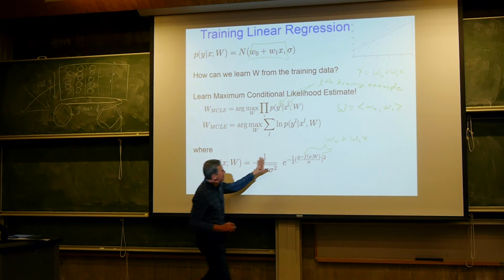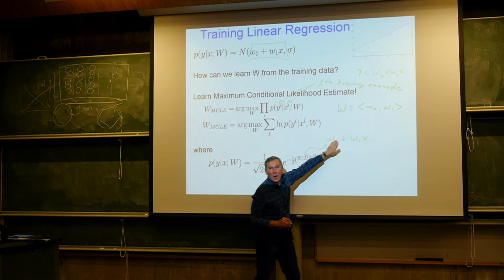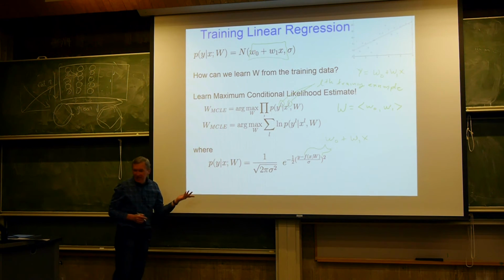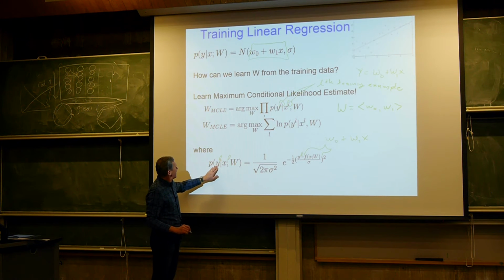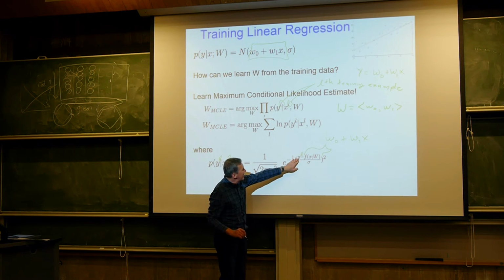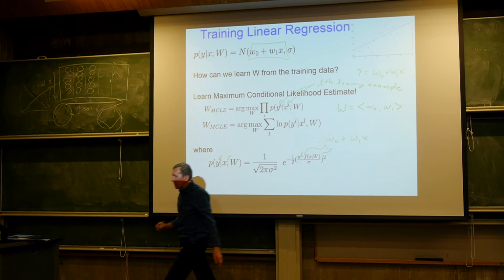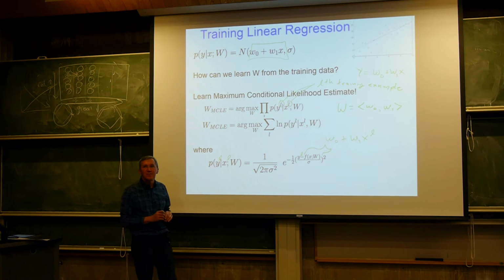So it's just a Gaussian distribution where I've set the mean to be my predicted value of y. And this is the observed y. If I want to talk about a particular training example, then I'll say the probability of the Lth y given the Lth x is this, where this is w0 plus w1 times the observed Lth x.